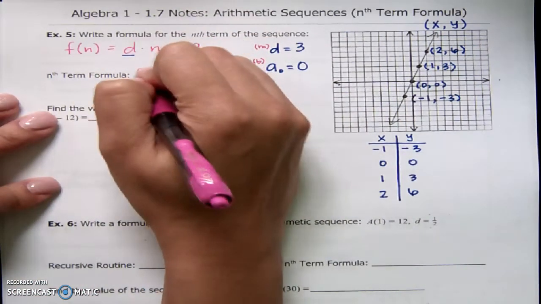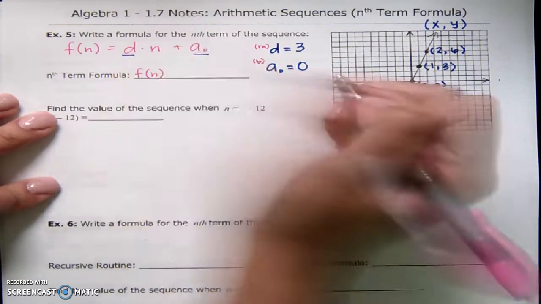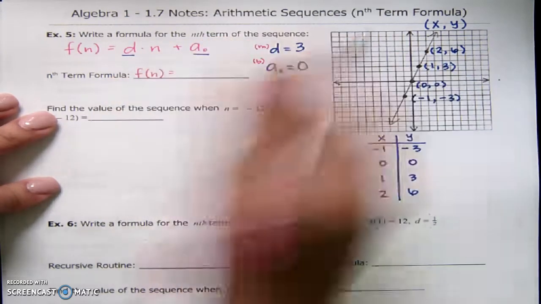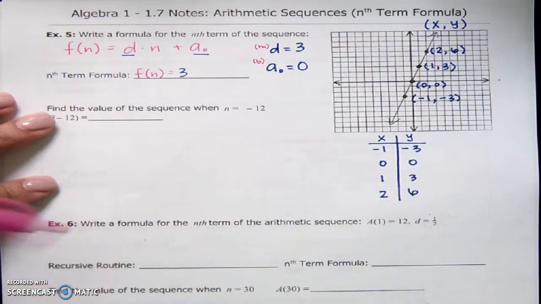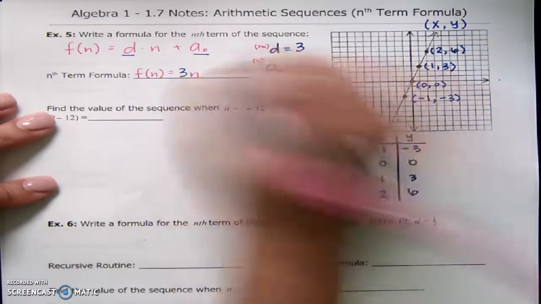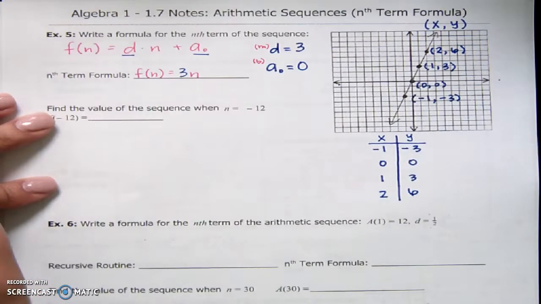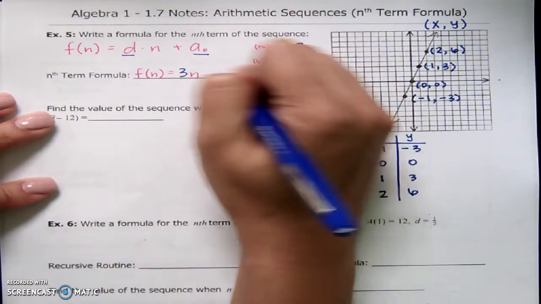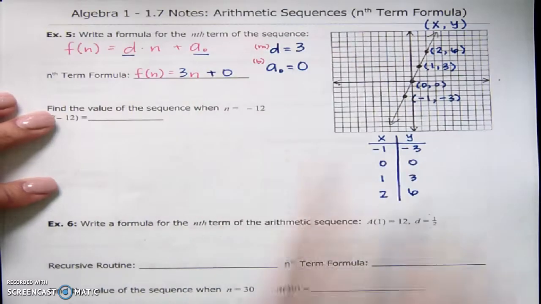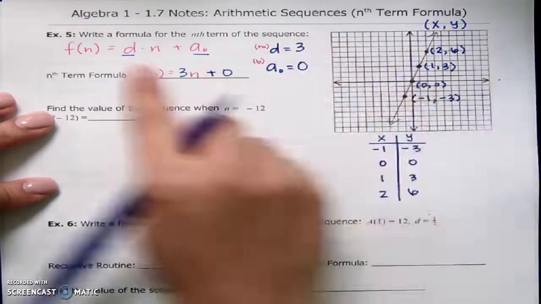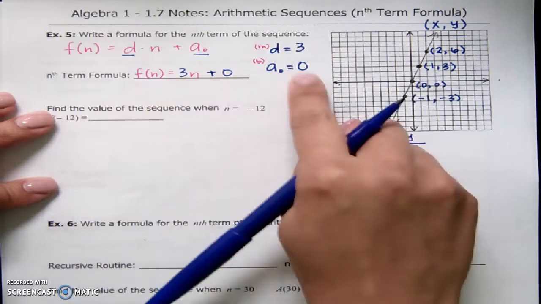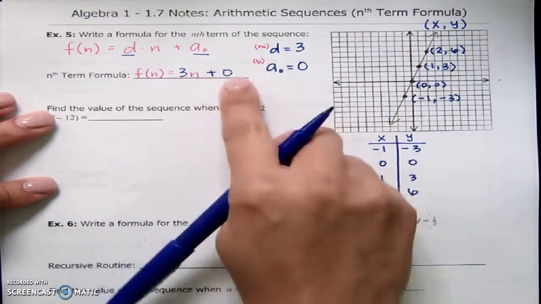So my nth term formula is f of n equals 3n plus 0. All I did was I took my value of D, which is 3, and I put it in front of n, and a sub 0, and I put it at the end.